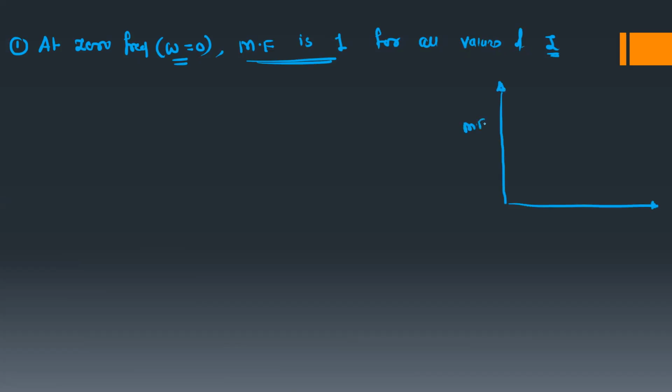This is your magnification factor, and this is the frequency ratio. Okay, and this is the value 1. So this is only zeta 0. So all the graphs will start from the same value.